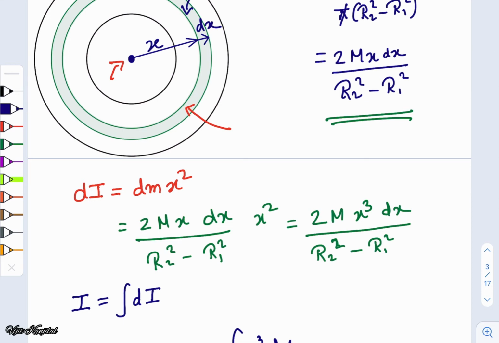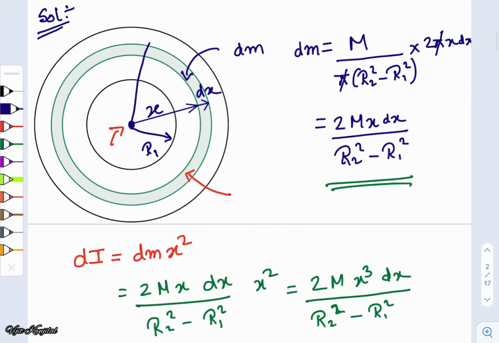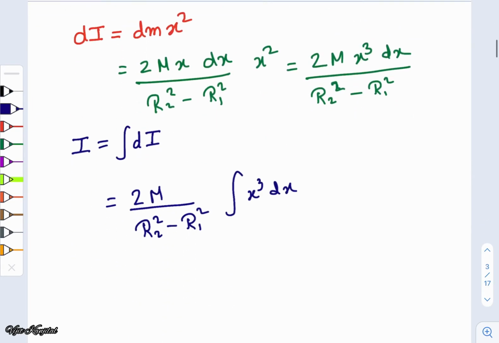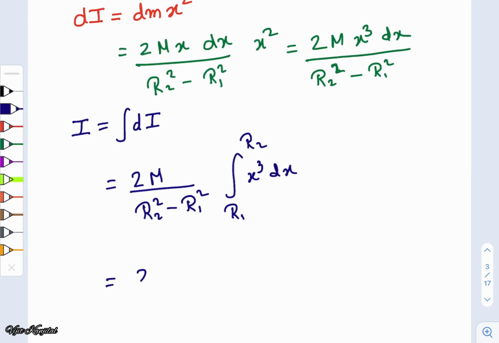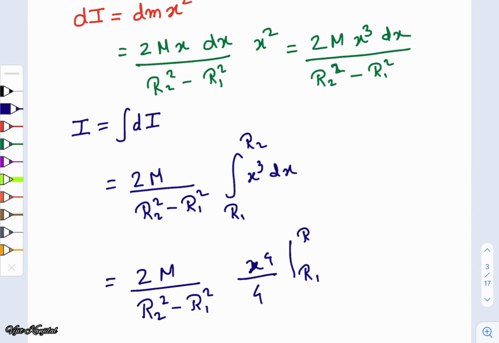We can clearly see that x is varying from r1 up till r2. So the limits are from r1 to r2. So what do we have? 2m by (r2 square minus r1 square) times x to the power 4 by 4, where the limits are from r1 to r2.